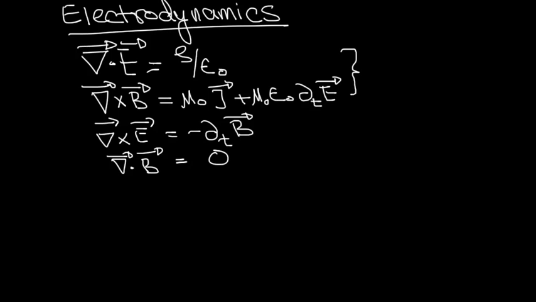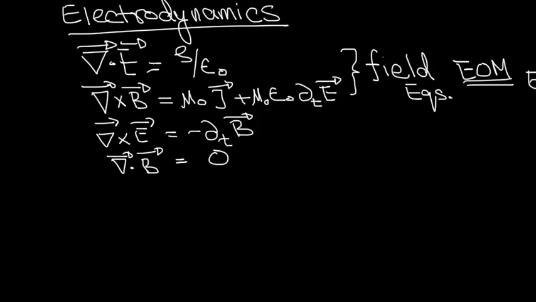So these are called the field equations, and they are the equations of motion for electromagnetism.